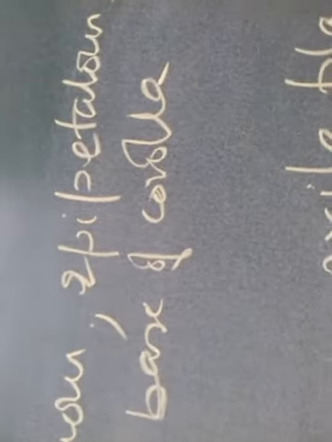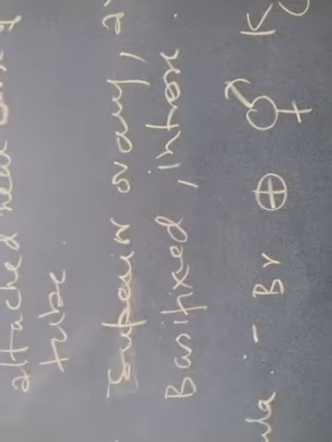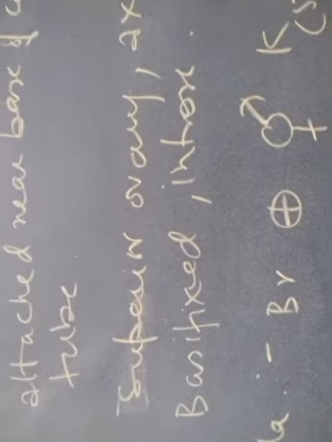Androecium is 6 in case of brinjal. In case of petunia it is 5, and it is polyandrous, epipetalous, that means the androecium is attached to the petals, near the base of the corolla tube. Then gynoecium: superior ovary, that means the ovary is above all the floral parts, with axile placentation.